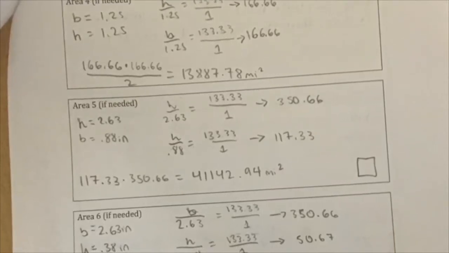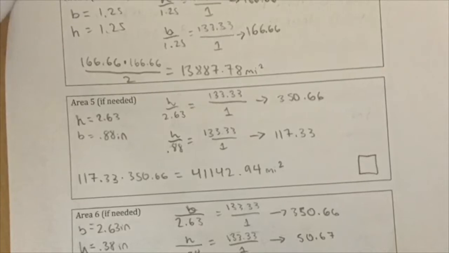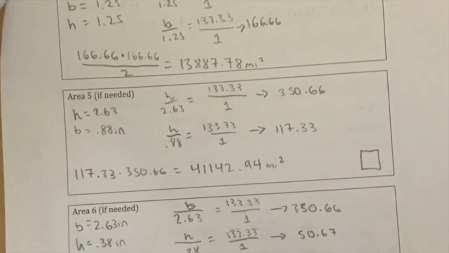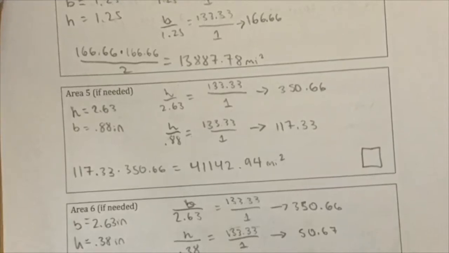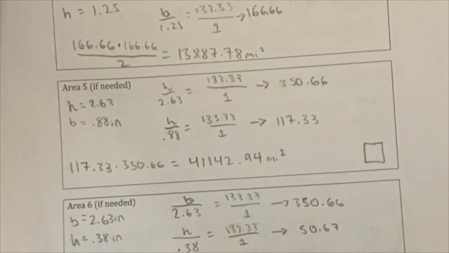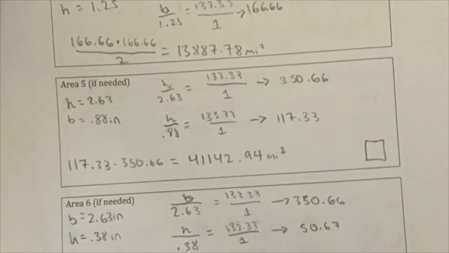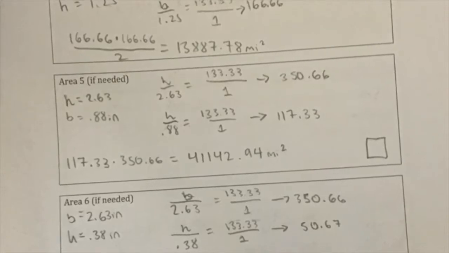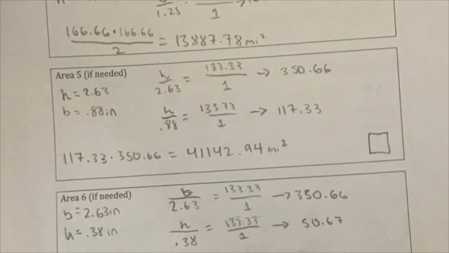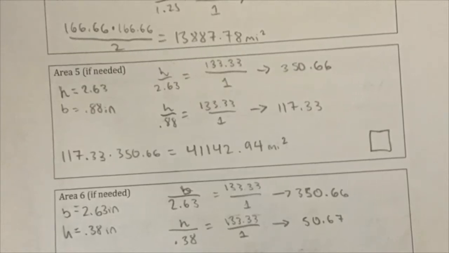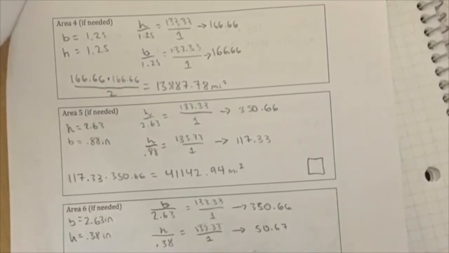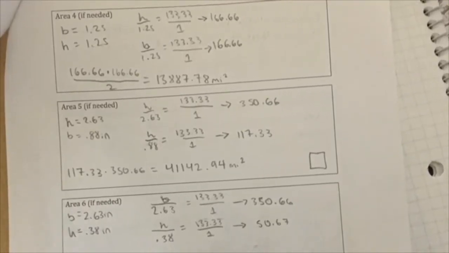For the base, we did base over 0.88 inches is equal to 133.33 miles over 1, which equals 117.33 miles. To find the area, we multiplied the base and height together: 117.33 miles times 356.66 miles is equal to 41,142.94 miles squared.